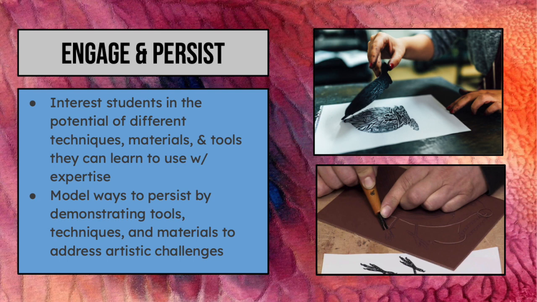The demonstration lecture can also show students how to persist by showing a variety of techniques, materials, and tools students may employ to address artistic challenges in their work. For example, a teacher may show different ways and techniques to create a spout in clay. While the students won't use all the possibilities, showing a broad range encourages persistence in both finding and developing techniques that serve their creative intentions.